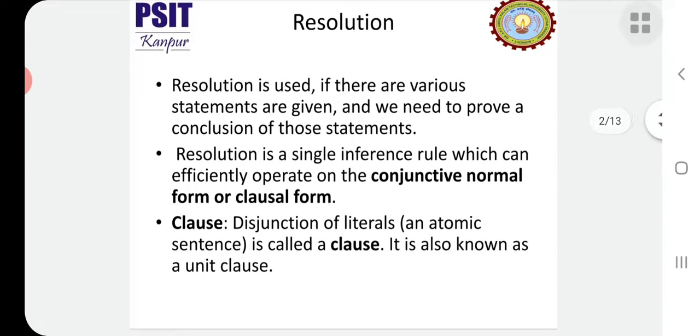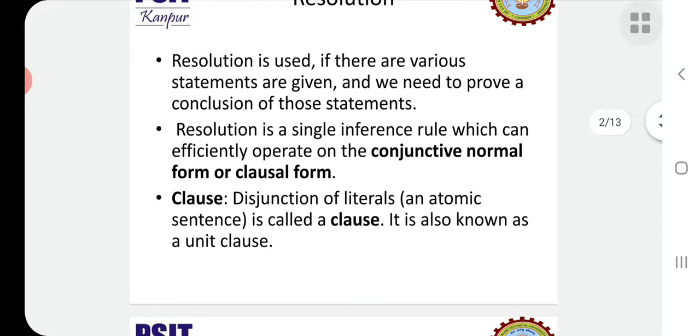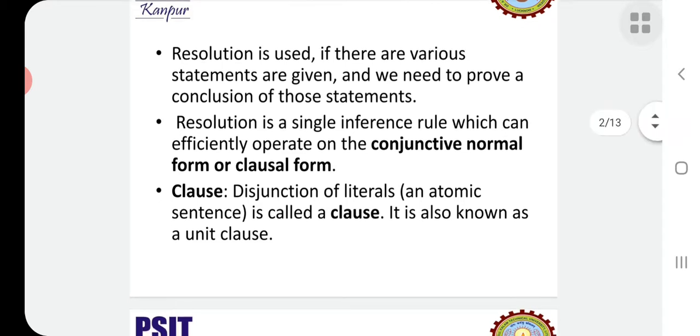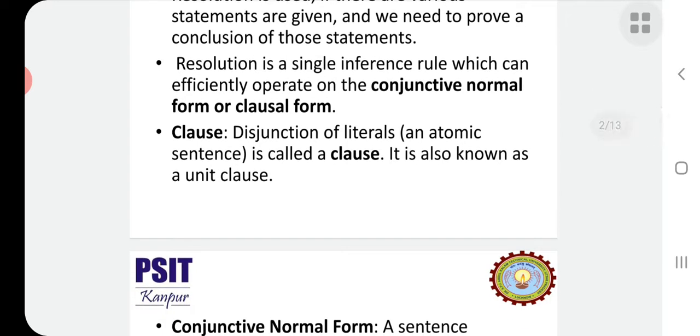Resolution is a single inference rule which can efficiently operate on the conjunctive normal form or clausal form, which is also known as CNF.